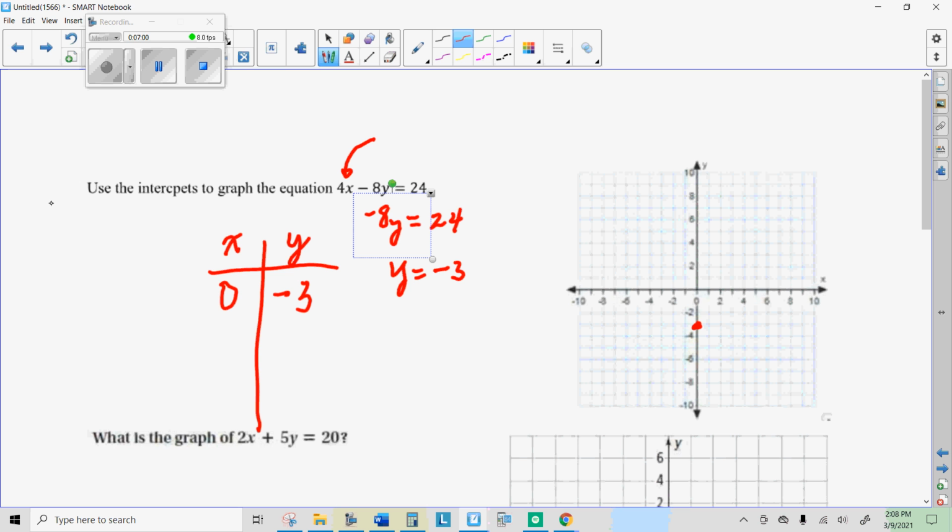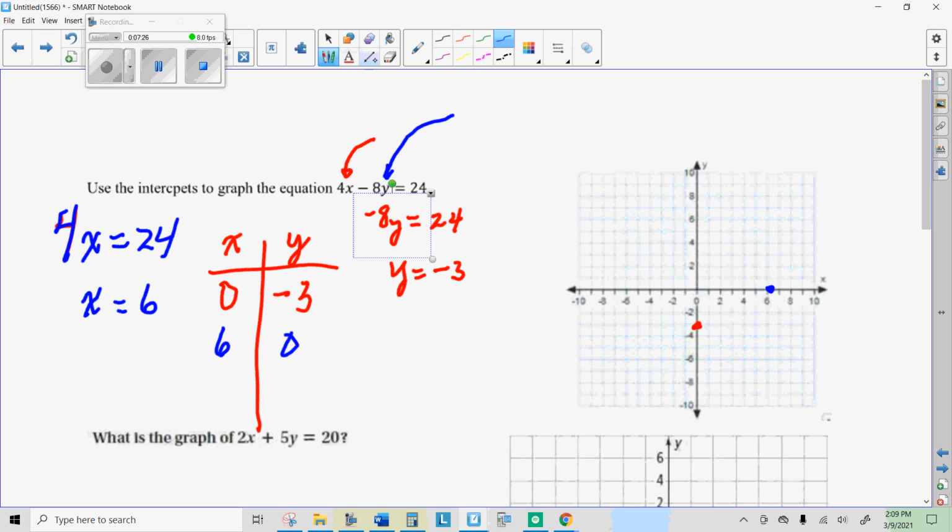Now to find the x-intercept, let's do this in blue. I'm going to put in 0 for y there, and 8 times 0 is just 0. So I end up with 4x equals 24, and you guys can see 4 times 6 is 24, right? So x is 6. So that's that 0.6, which is right there.